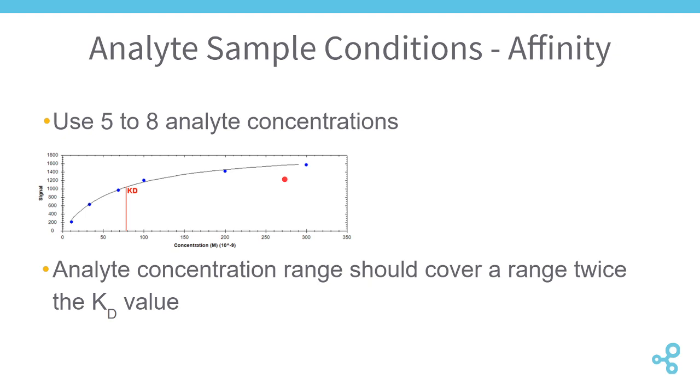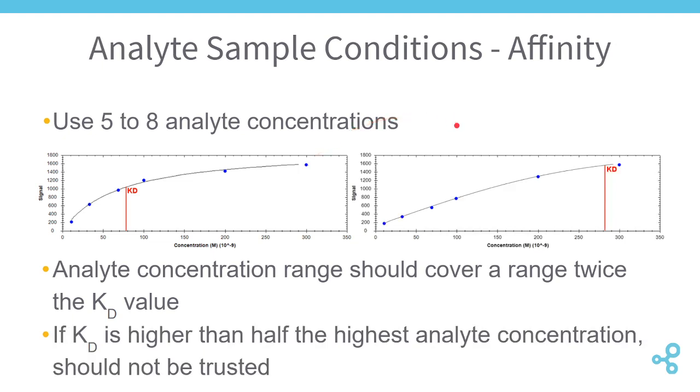Then when we calculate our KD value, it should be in the middle of this concentration range. What we mean by covering a range twice the KD value is, if the KD is, in this case, 75, we have values on the low end of 20, 30, and on the high end of a couple hundred. So we make sure that we're not missing that KD value.